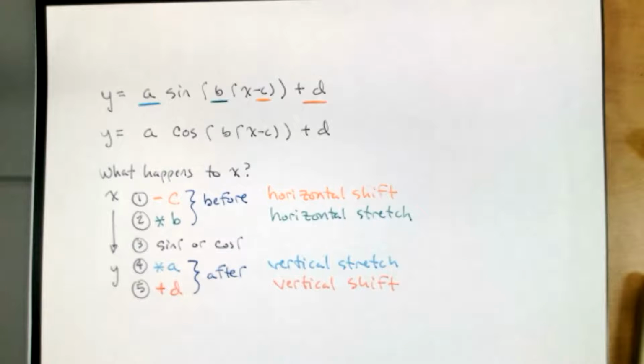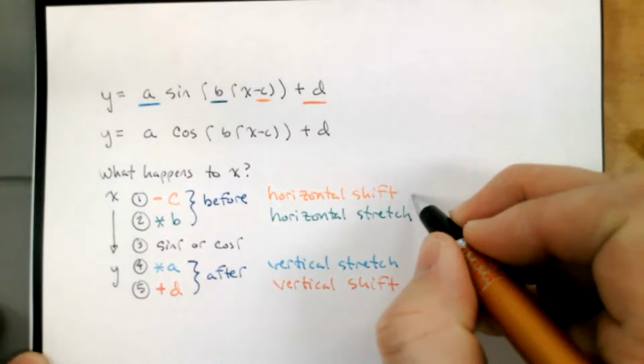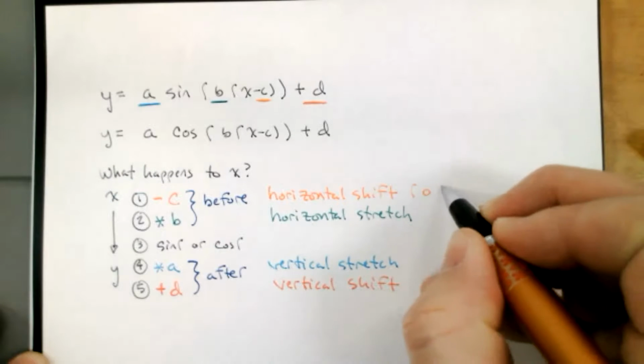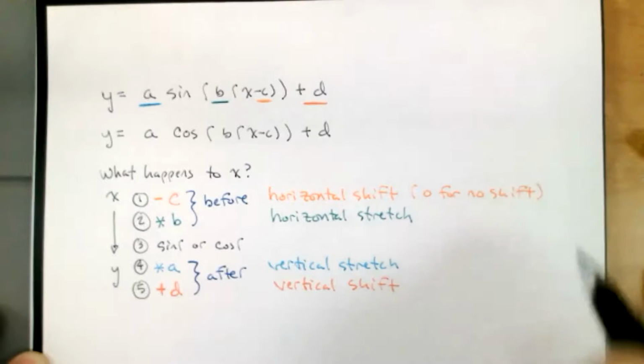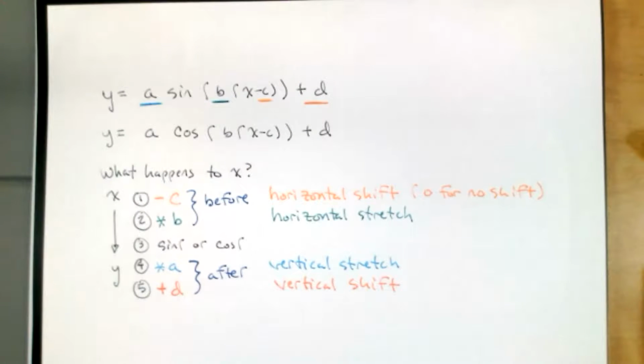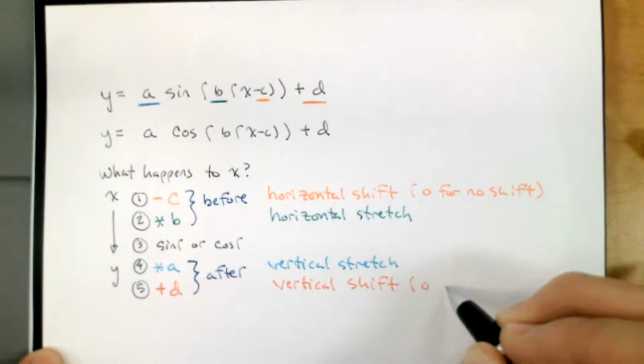So since the shifts come from addition and the stretches come from multiplication, that tells us what our default setting should be. No shift will mean plus 0. So 0 is in the middle, because 0 is in the middle of addition. Similarly with D, we'll set D to be 0 for no shift.